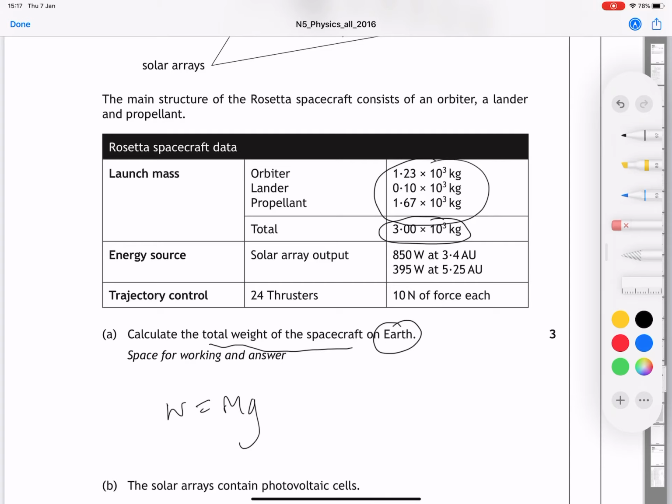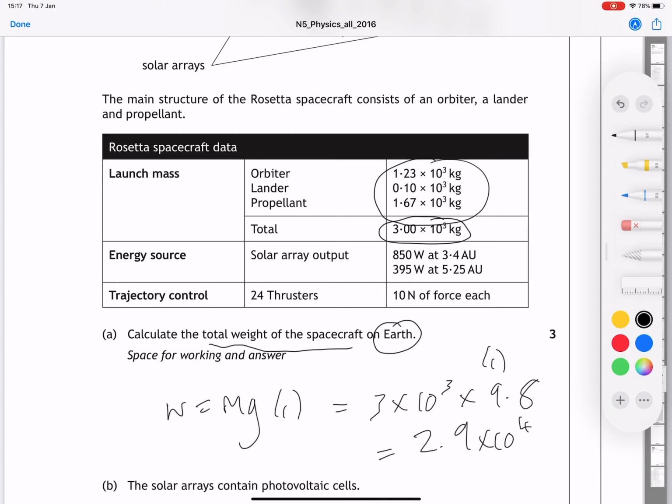So W equals mg, 1 mark. 3 times 10 to the 3 times gravity, which you get from your table at the start. 1 mark for putting those numbers in, and then 1 mark for the answer, which is 2.9 times 10 to the 4 newtons.